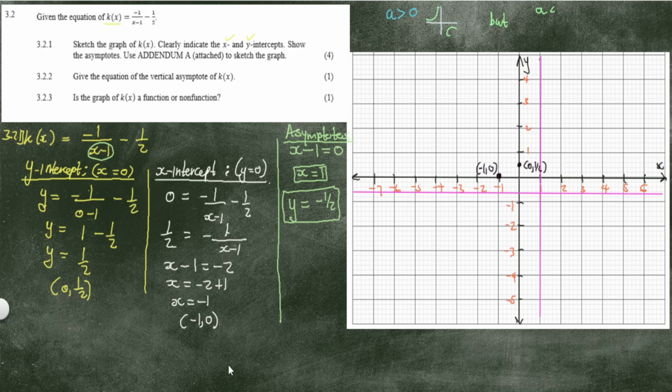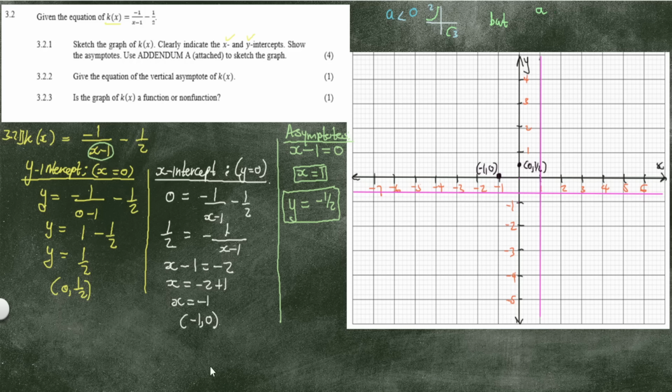It's actually the other way around. Less than, then you're going to have your graph in the second and third. But then if a is less than 0, no, not less than, but greater than this time.